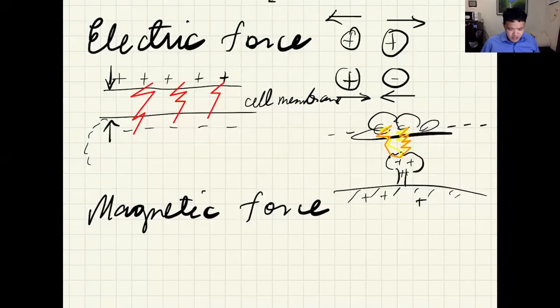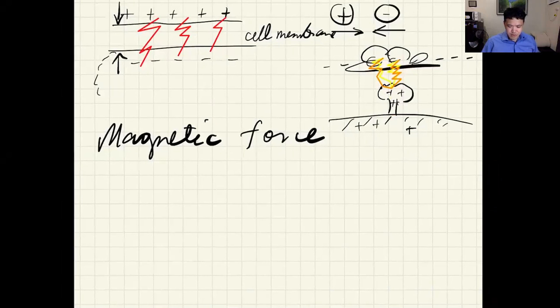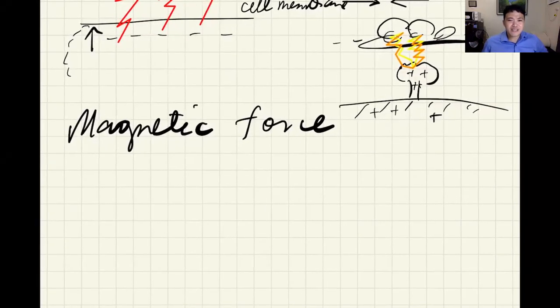Okay, let's now discuss another type of non-contact force, the magnetic force. It's the force between magnetic materials.